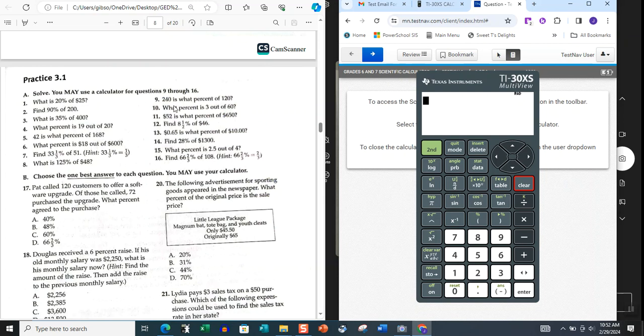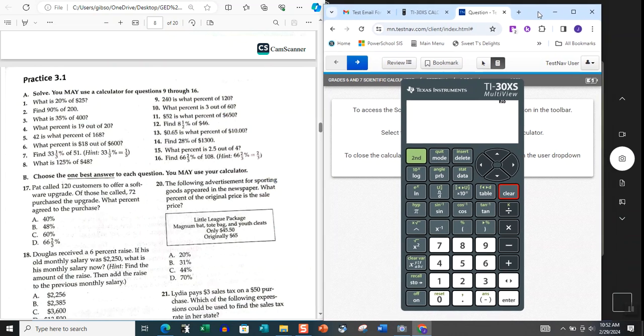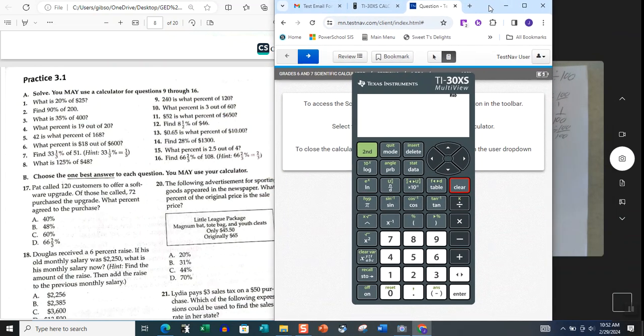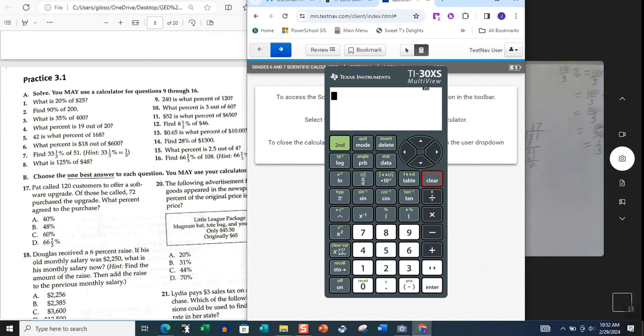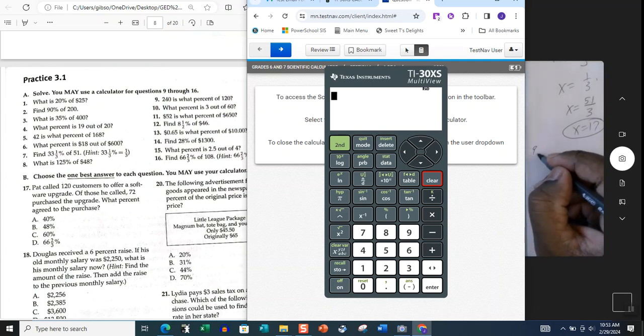Now you all have this in your notes about pulling up the calculator. Okay, so now number 9, we had 240 is what percent of 120? So we know 240 is just 240. Let me see something here. Maybe I can move this and give you all some of the notes here. Okay, it looks like I'm able to do that. So I'm going to write out the formula for number 9.